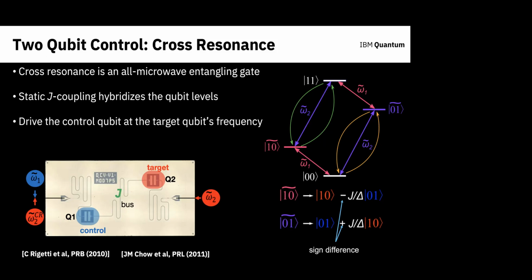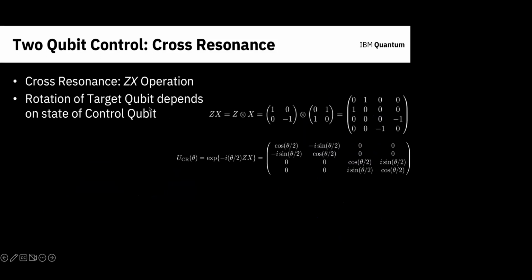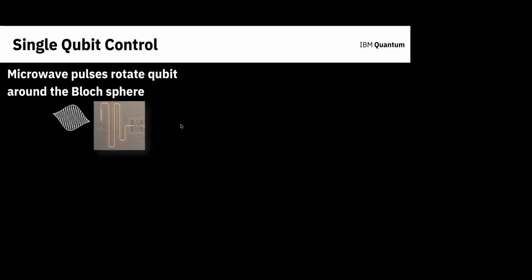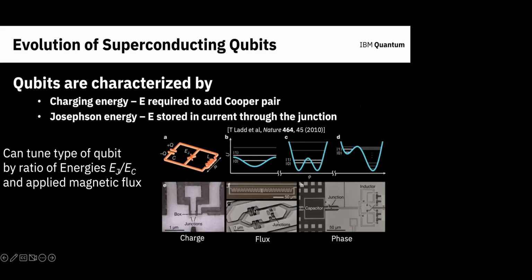Yeah, absolutely. Okay, then you also mentioned this idea of a flux bias. What does that mean? Great question. One of the things I didn't spend too much time on is that when you have these superconductors arranged in a loop right here, the amount of phase difference across that loop is quantized.